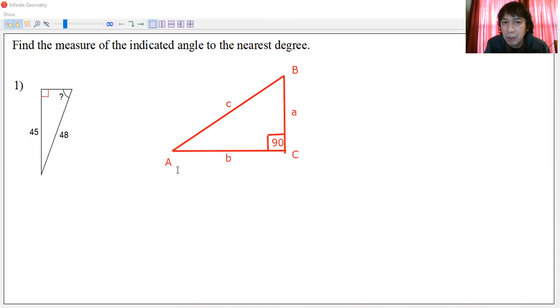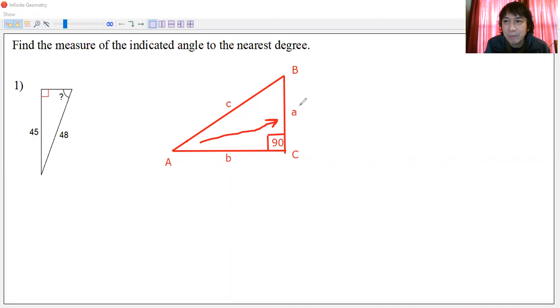So this is angle A over here, and the opposite side to this is this side. So this is angle A, and this is the opposite side, small letter a.